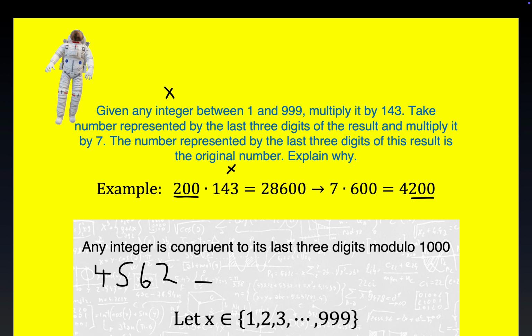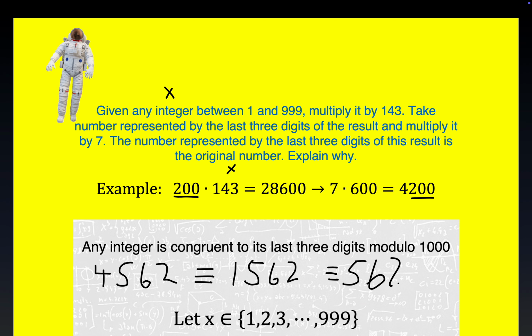This is congruent to 1,562, and they're both congruent to 562, which is the statement.